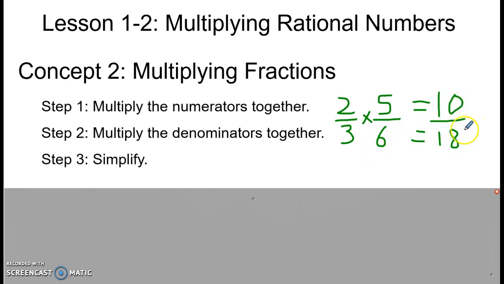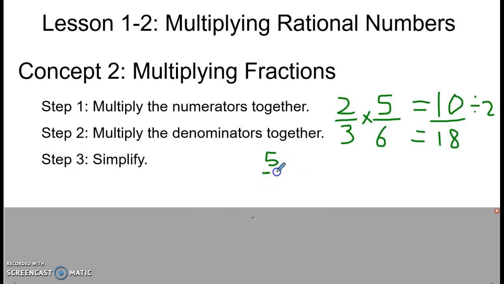So I'm going to take 10 and divide it by 2, which is going to give me 5. And then I'm going to take 18 and divide it by 2, which is going to give me 9. And now I see that I have a prime number, so I know that my fraction is simplified. And I'm all done with that one.